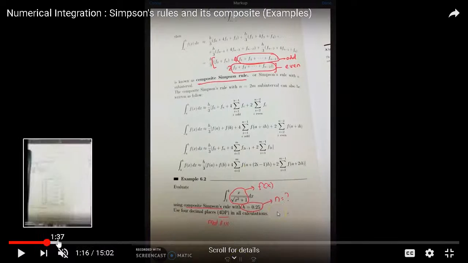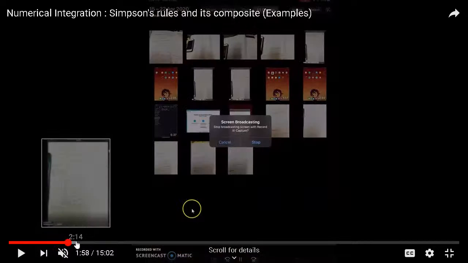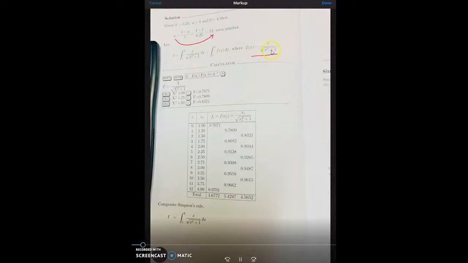We need to find the value of xi, and this is the style that we are going to implement, the table. The f(x) you can get through the calculator, which I already showed you, and you can refer to the notes.